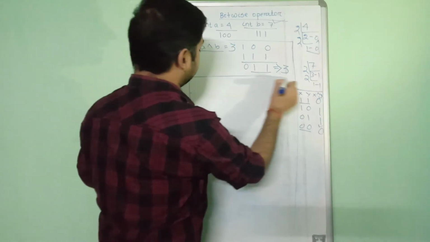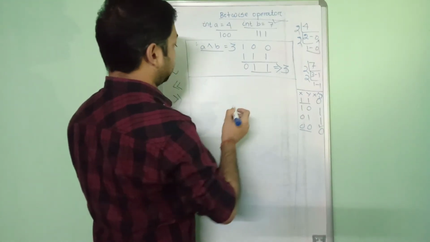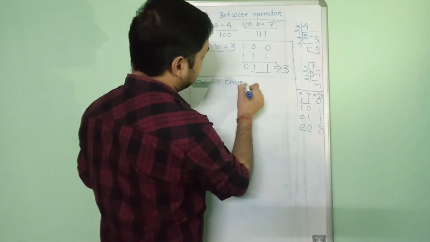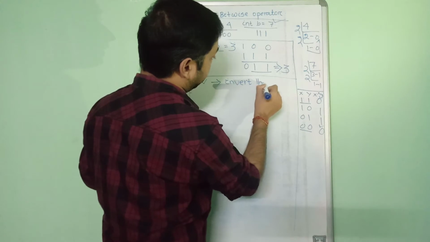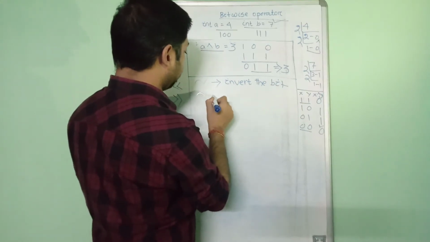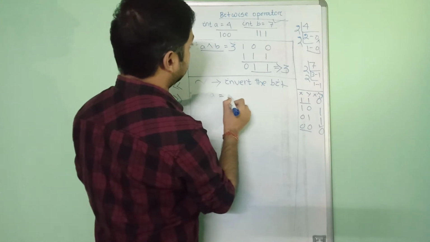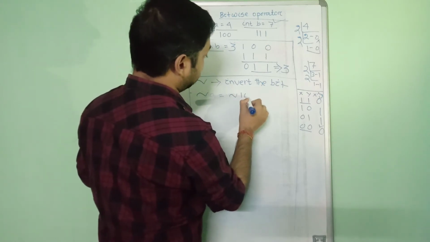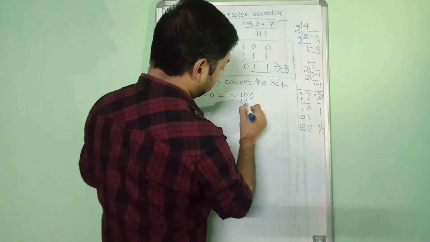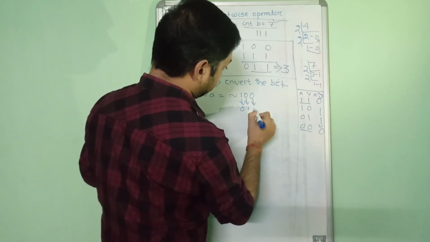Now the next one you can see here is complement. This is known as complement, and it simply inverts the bits. If we find not A, what is the value? A is 1, 0, 0. That means 1 will be 0, 0 will be 1 and 0 will be 1.